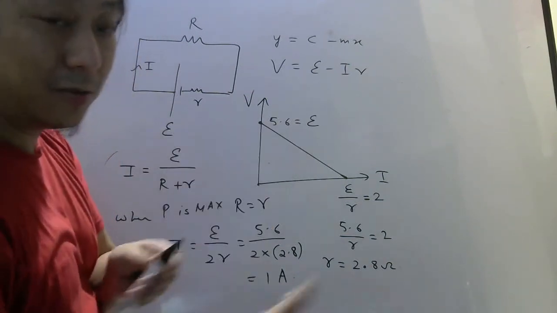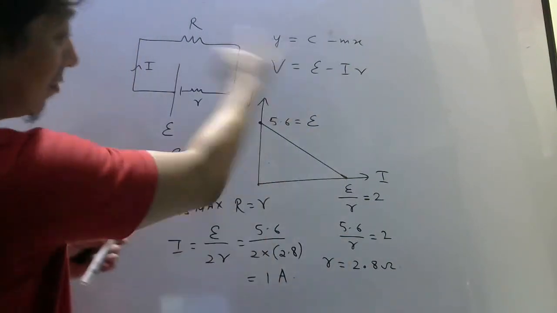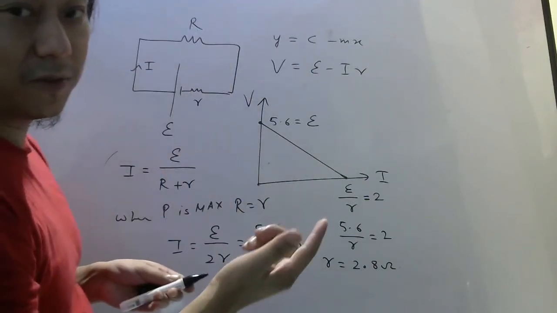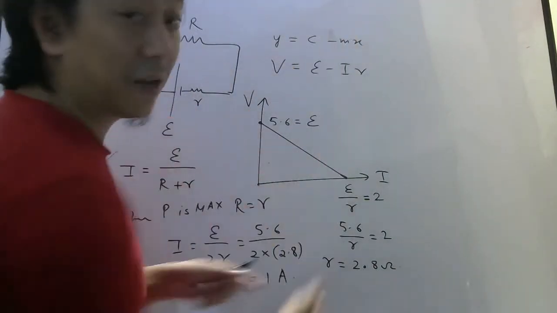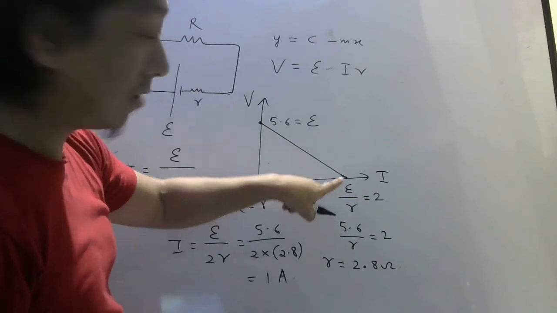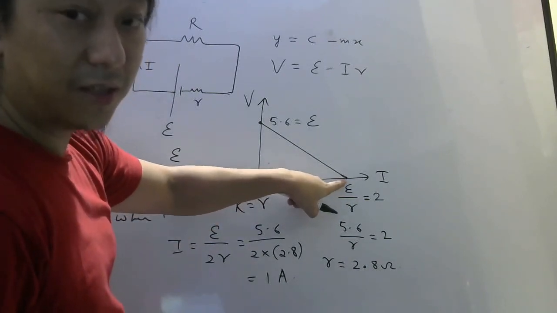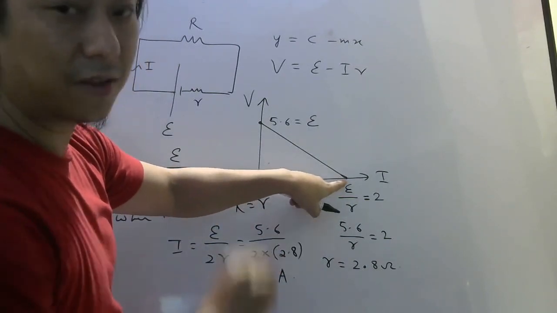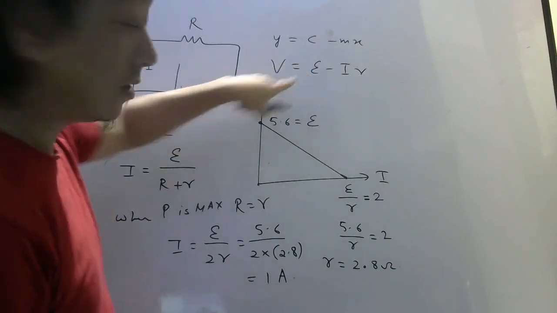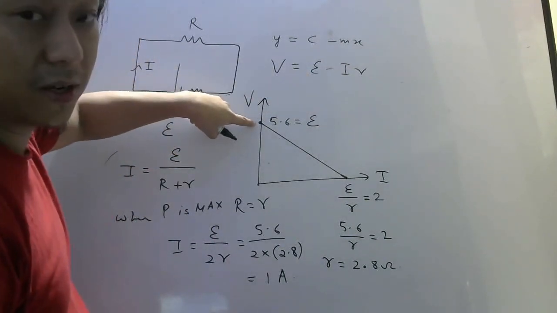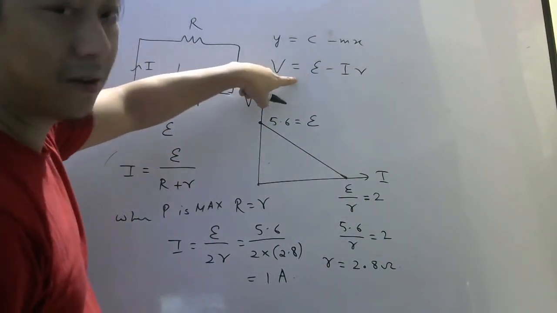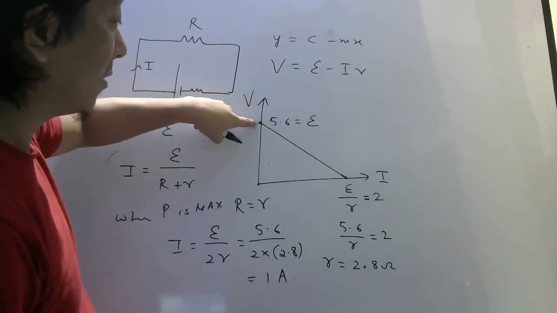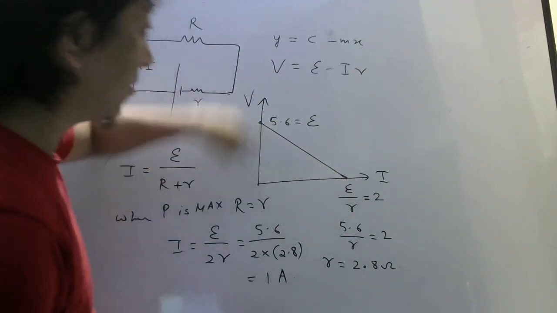So try to do the previous question this way also. How I did the previous question, I wrote the equation and then I wrote the condition. I wrote at this point V is 0, I is whatever they have given. So that condition I used here. Then I used this point condition here. For this point V is 5.6, current is 0, right?